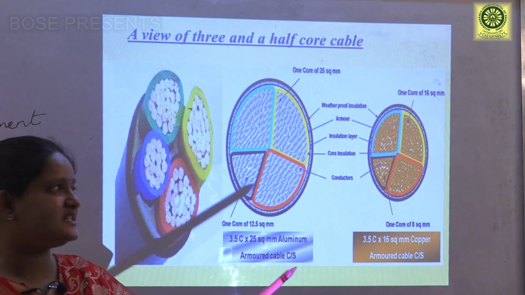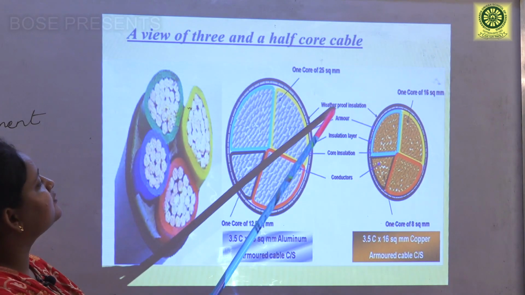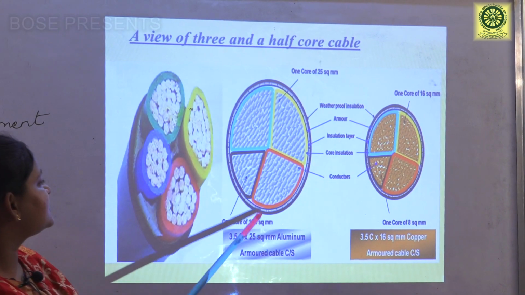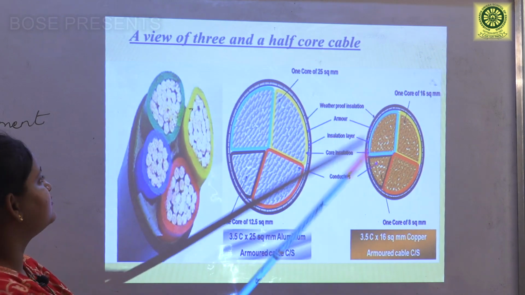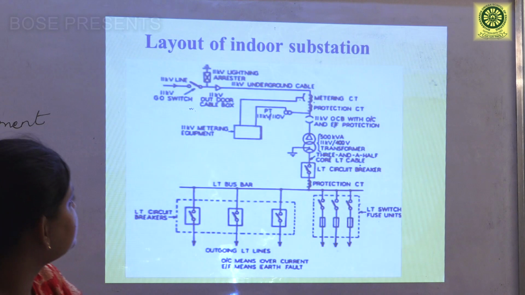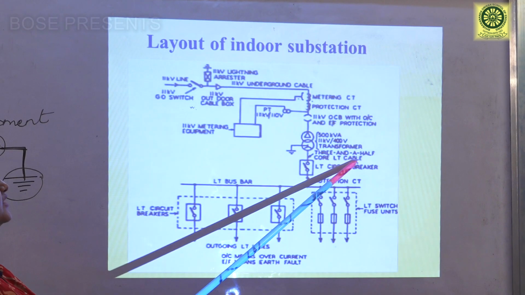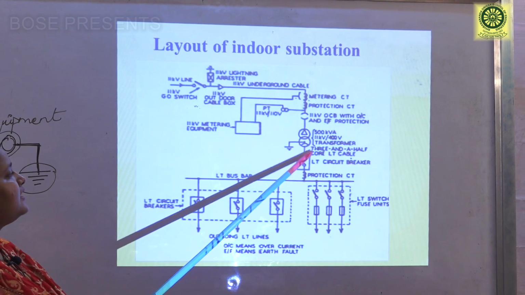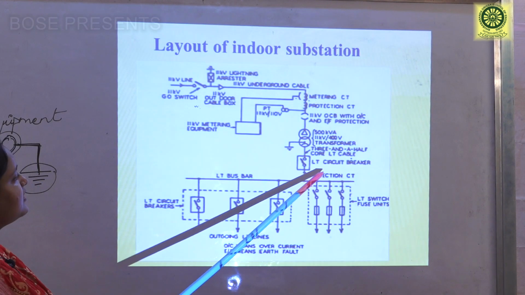Over everything there is a weatherproof insulation. This is aluminium armored cable, this is copper armored cable. So we are using a 3.5 core LT cable because in star there are 4 wires.